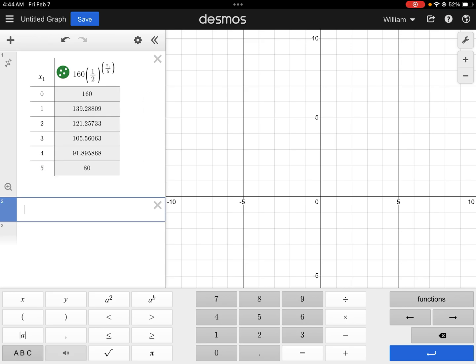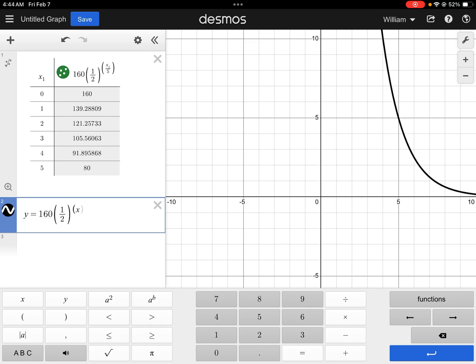Now let's graph this with decimals so we can see that. So I'm going to do y equals 160 times the fraction 1/2, and then the exponent, parentheses x divided by 5.